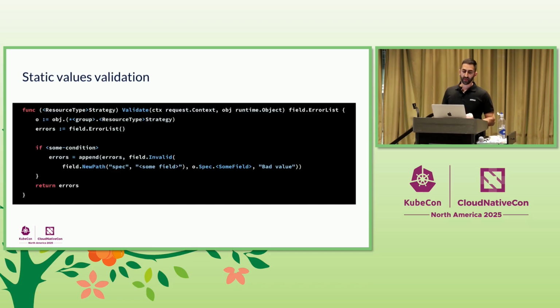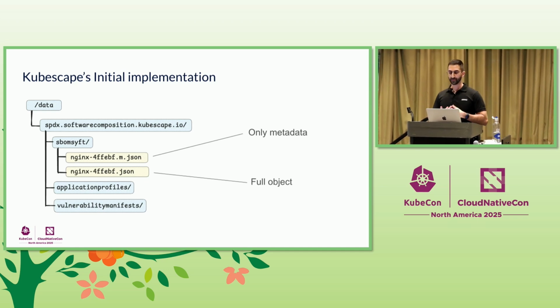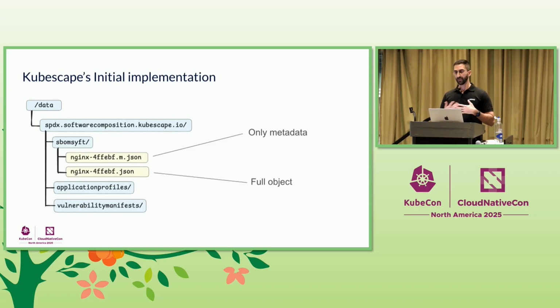And we have the Validate function, which does static validations on the values in the resource. You remember these huge SBOMs I talked about? We had to get creative. When we developed our API server, we split the actual resource on the disk into two files.